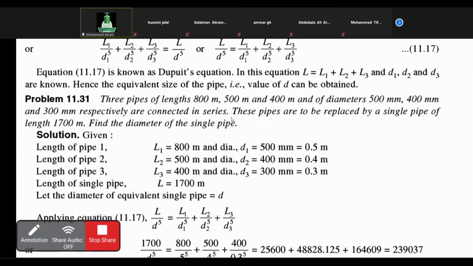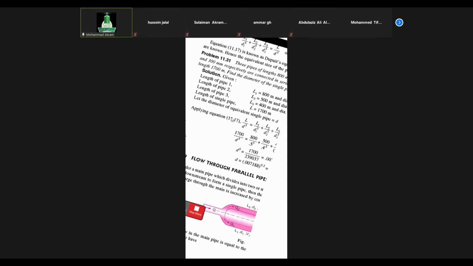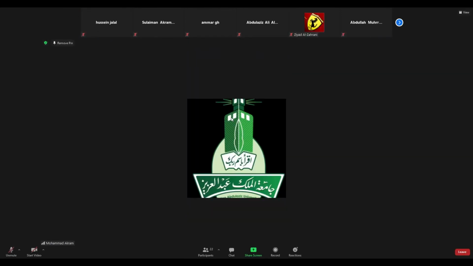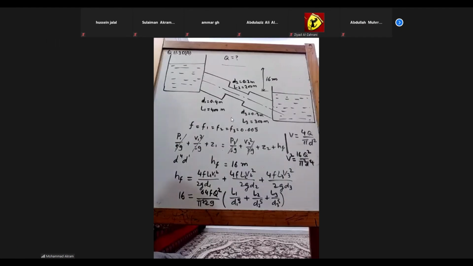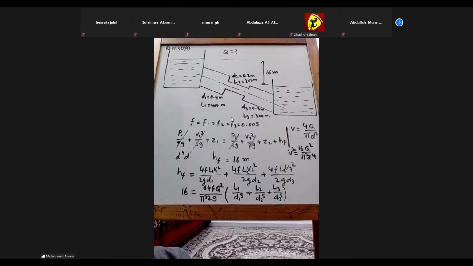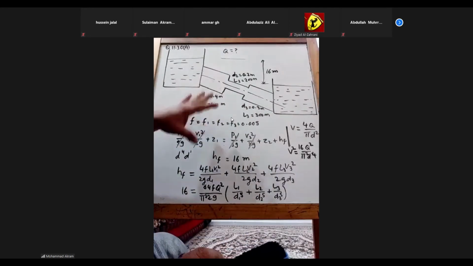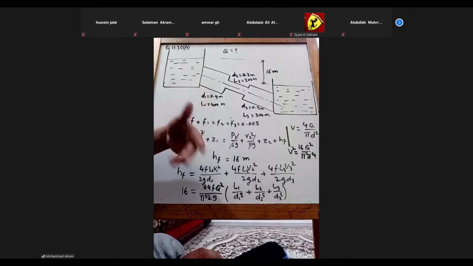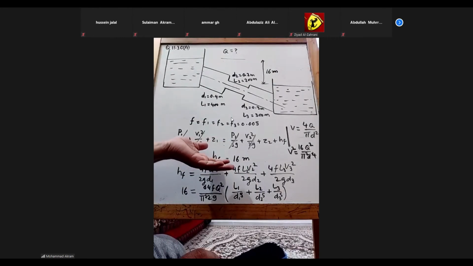For the same two tanks, instead of three pipes, I want to connect by one pipe. So can you get the equivalent pipe? That 11.31 you can solve yourself because the data is already there. We have already solved this problem, so let's just extend it, because we are neglecting the minor losses.